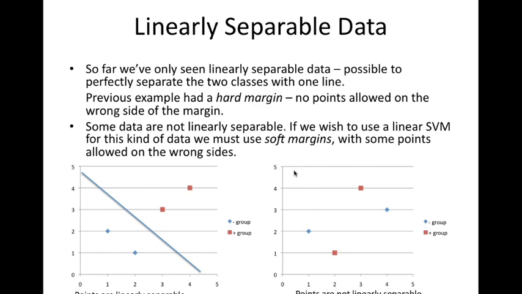You could imagine if we were allowed to do something other than a line, you could do something maybe like a parabola, with the red points above the parabola and the blue points below, but we can't do that because we're only considering the linear case right now. And we're not going to, in this particular talk, go over nonlinear support vector machines, but those do exist.